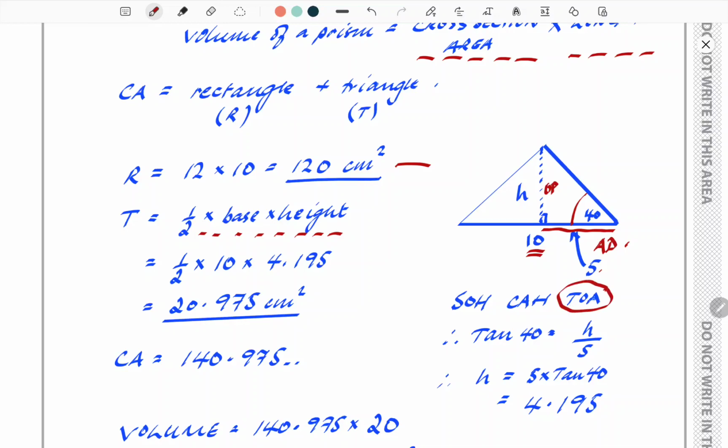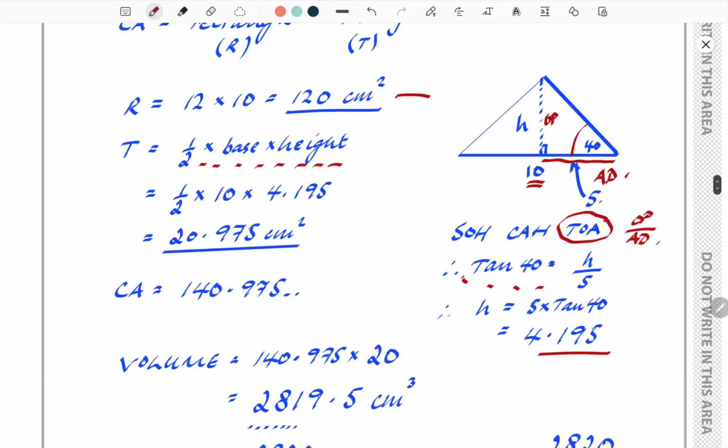Tangent of an angle is the opposite over the adjacent. So therefore, we can write tan 40 equals H divided by 5. Rearranging that, taking the 5 over there, 5 times tan 40 gives us H, which is 4.195.